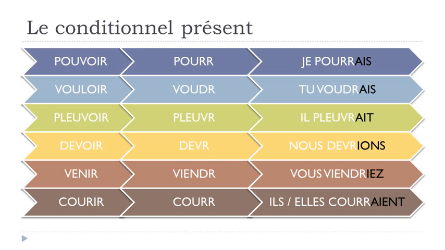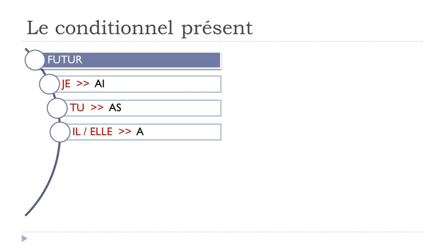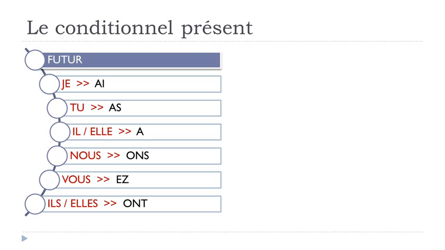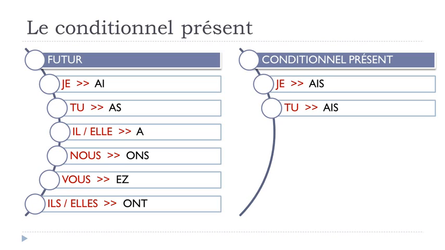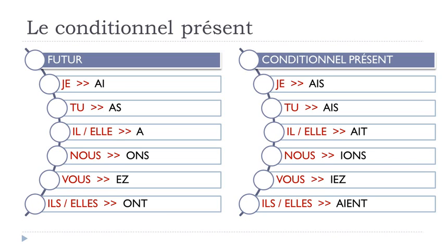Alright, so it was the first thing regarding the conditionnel présent, and then, regarding the fact that it's quite close to the future, the important thing is to remember that the endings for the future are AI, AS, A, ONS, EZ, ONT. But for the conditionnel présent, they were AIS, AIS, AIT, IONS, IEZ, AIENT.